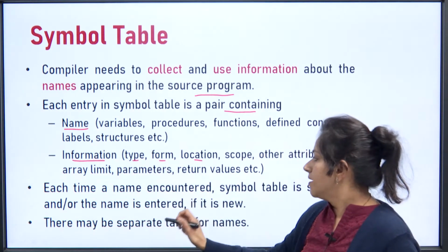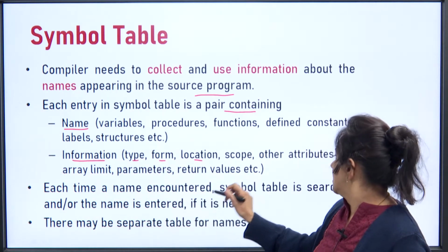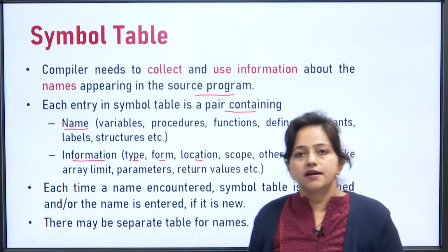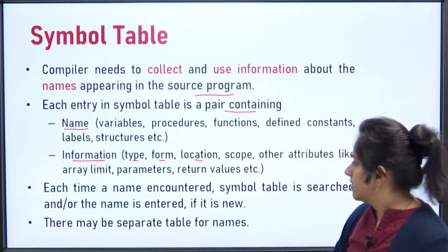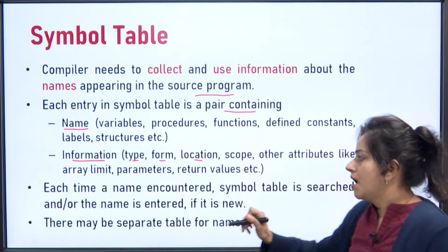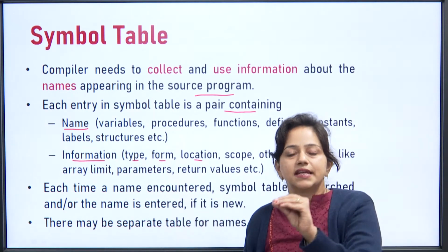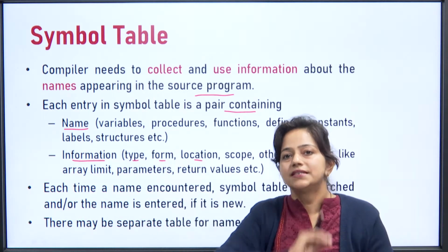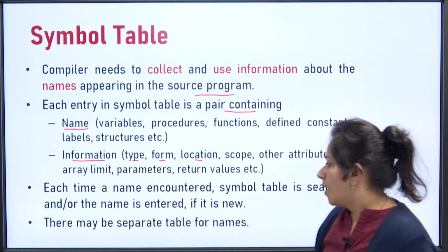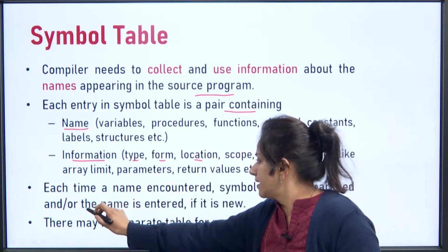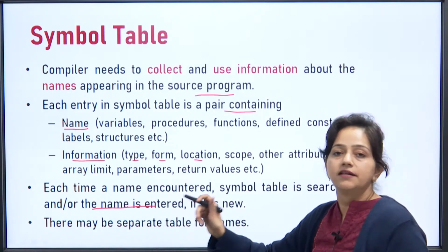Each time a name is encountered, the symbol table is searched. The symbol table is scanned for the name to check whether that name is already in the table or not. If it is not in the table, then that particular name will be entered into the table.